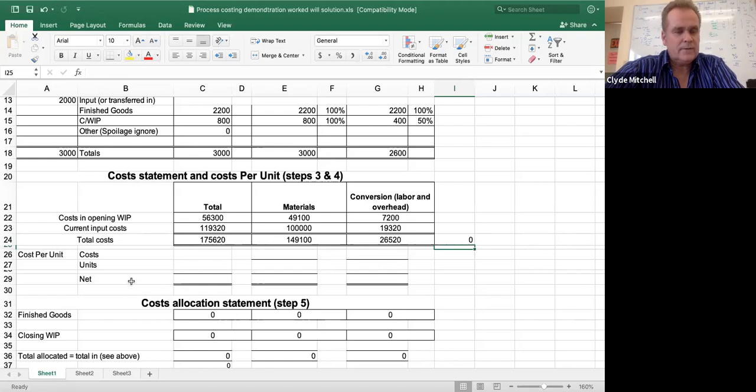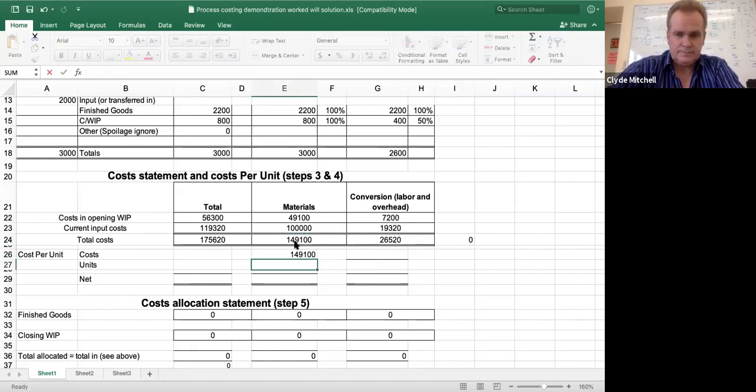Step four was to work out the cost per equivalent unit. So we're going to bring down our costs. And then we're going to bring down our equivalent units. But we want total at this stage. So total equivalent units are going to come down. And we now can get a cost per equivalent unit.